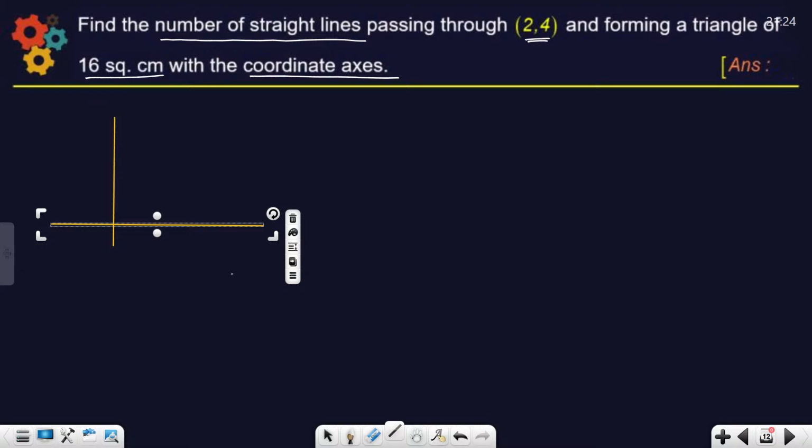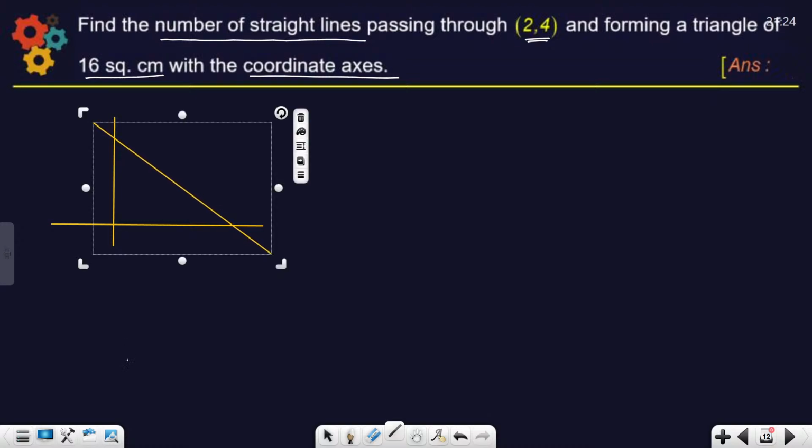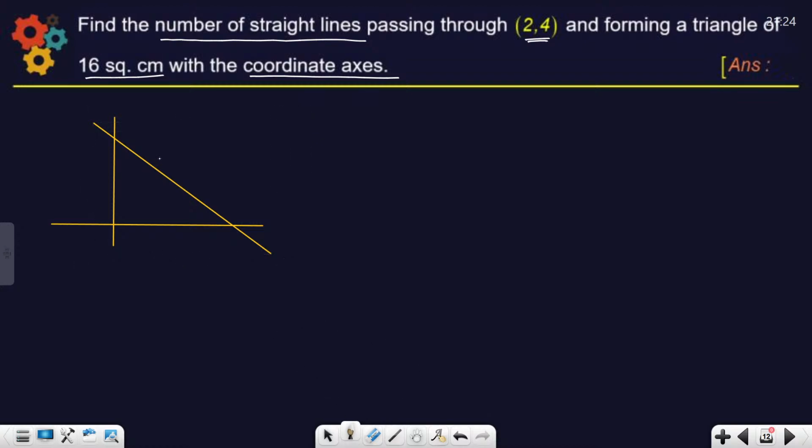Okay. So a line is passing through the point 2, 4. I don't know how the line will pass, but yes, I know that one of the lines will be like this. How many lines are possible?